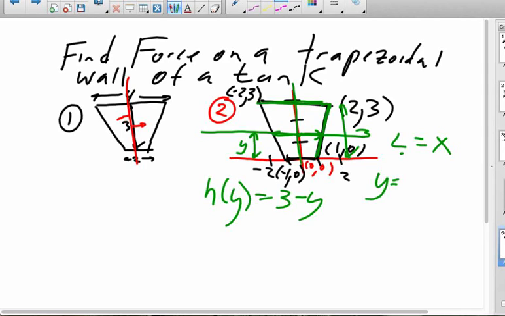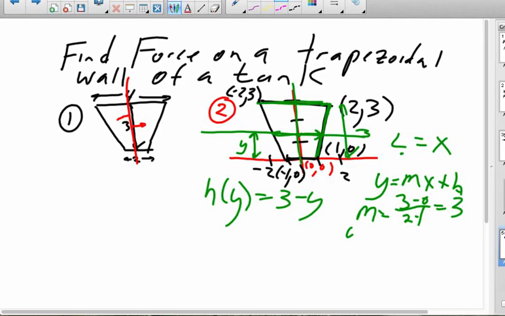So y is going to equal, we've got a line, mx plus b. My slope is going to equal, let's see, y2 minus y1, so it's going to be 3 minus 0 over 2 minus 1, which is 3.